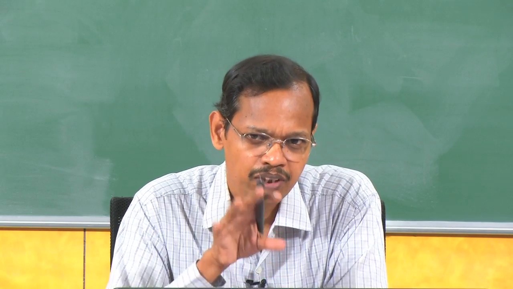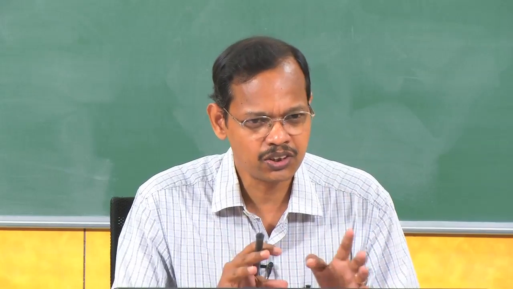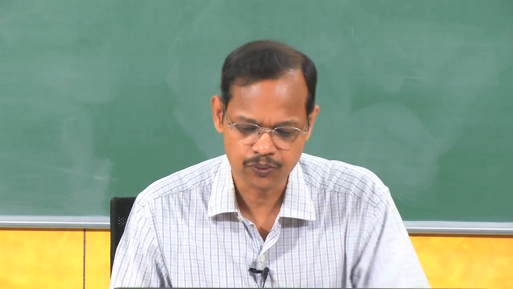That means, each residue characterizes the hydrophobic behavior in protein environment, right. It is not just one value for the same residues. See, if the threonine is here, the behavior of this threonine is different from this one. Take this T1 and this T4, they have different hydrophobicity values depending upon the location of this residue and the residues which surround any specific residue.